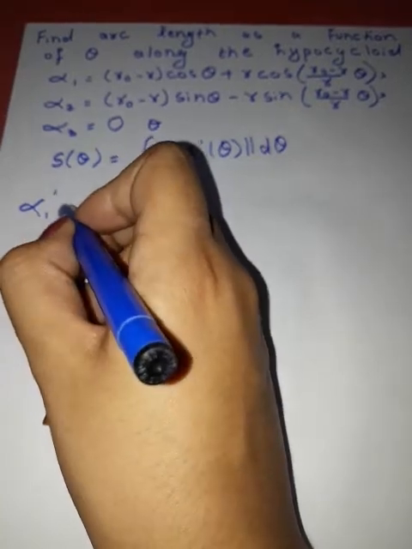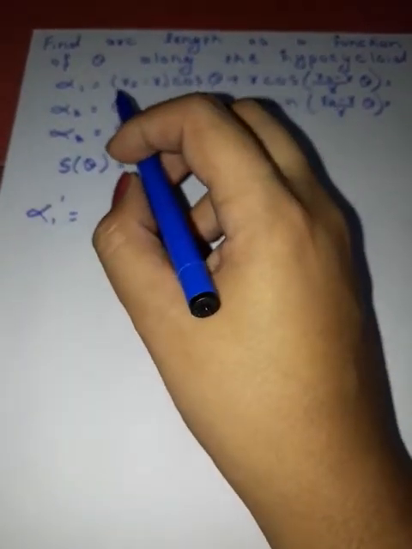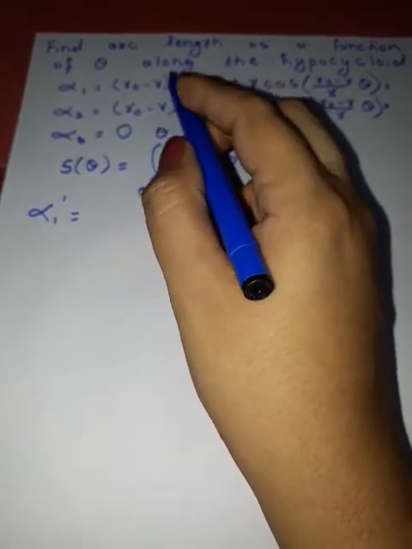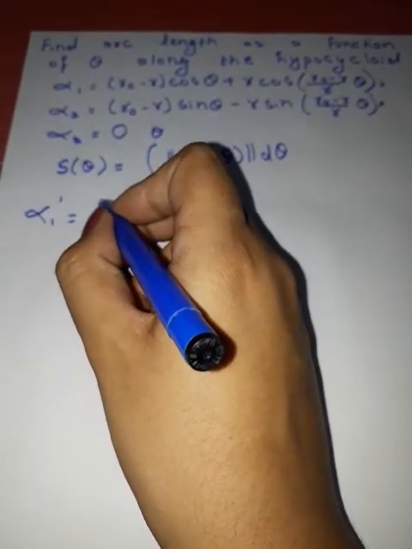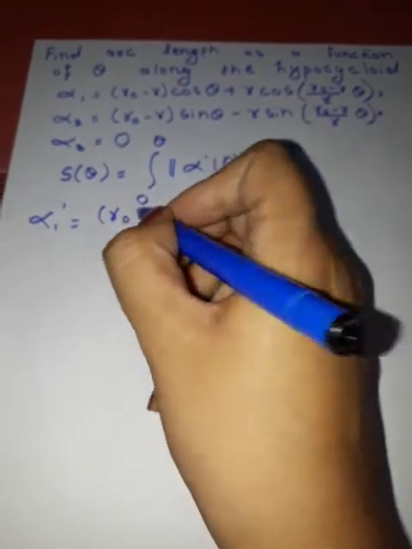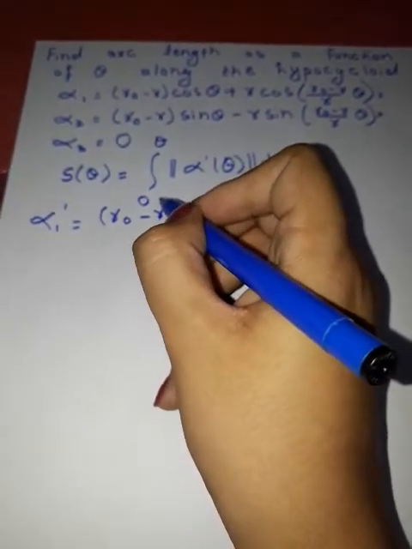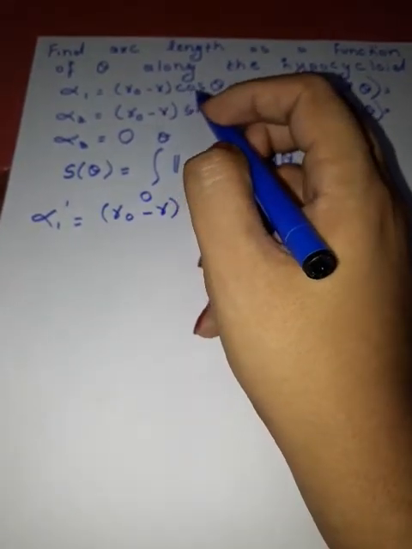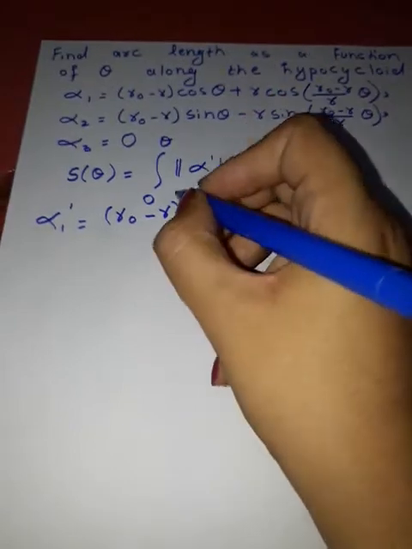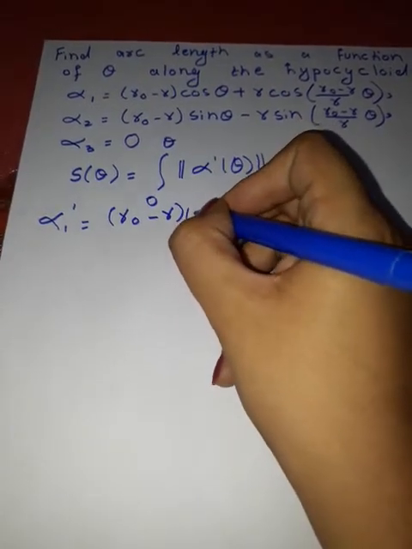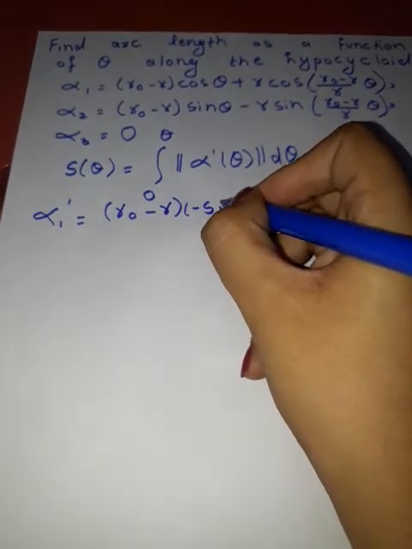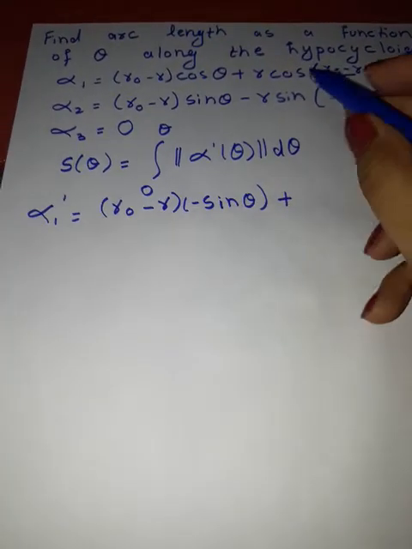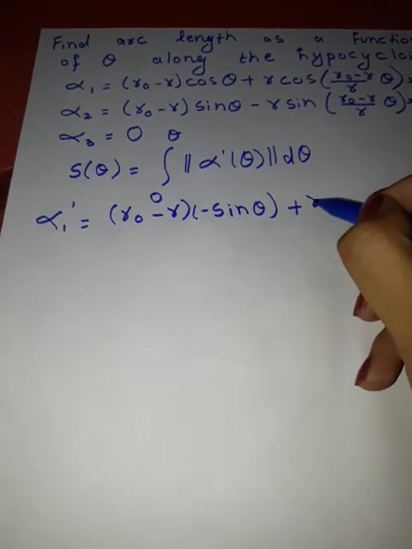Alpha 1 prime is equal to, here r naught is constant, r is also constant. Derivative of cos theta with respect to theta is minus sin theta, plus, here again r is constant.